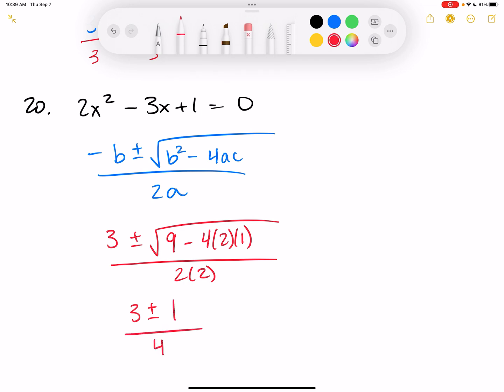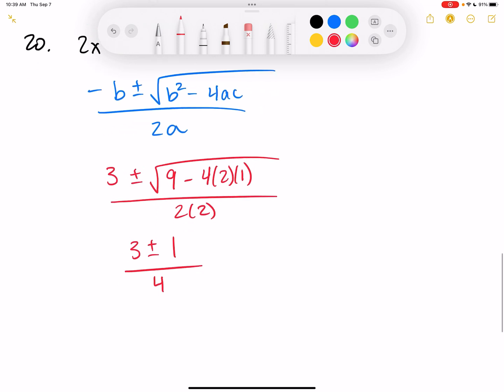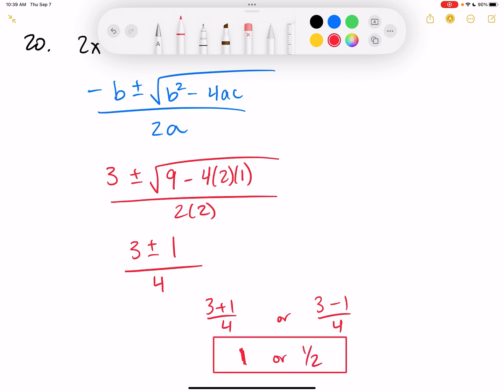Because this is going to be something distinct, I want to write it separately: 3 plus 1 over 4 or 3 minus 1 over 4. So I got 1, or I have 1/2 for that.